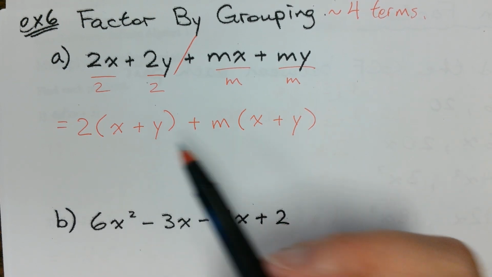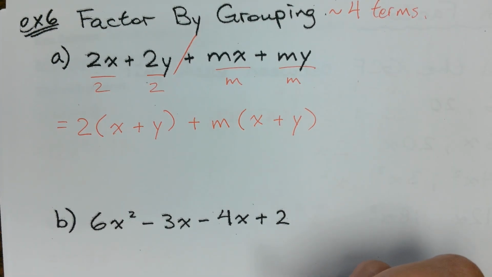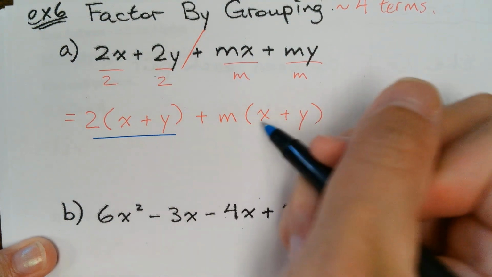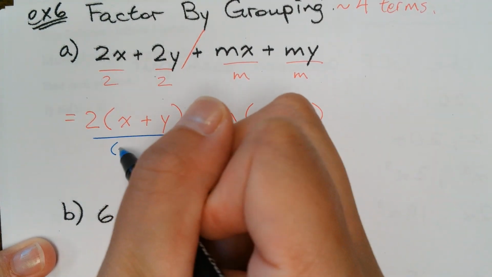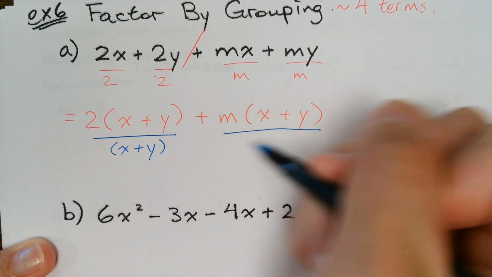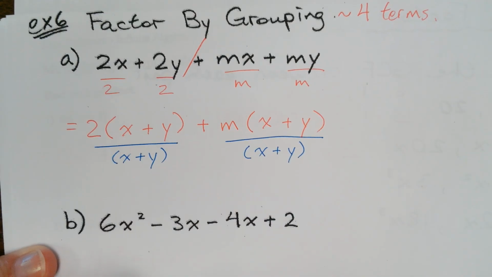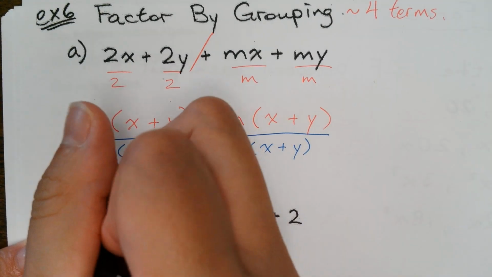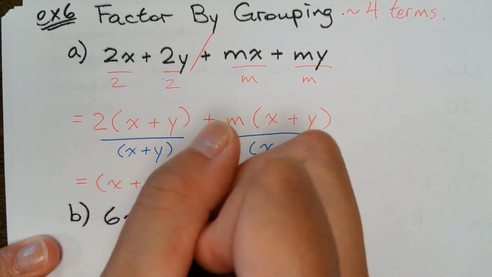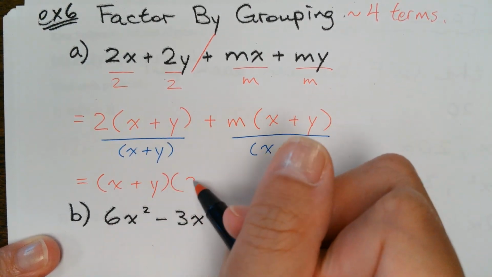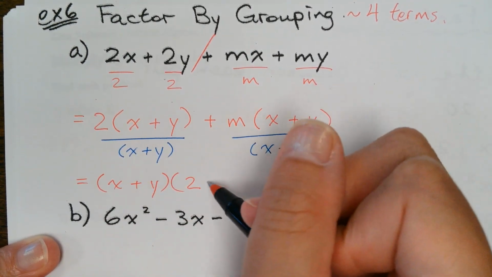X plus y bracket 2 plus m. Perfect. That's right. So now I have my 2 terms, and x plus y is the common factor between these 2 terms. So when I factor it, I get the x plus y, which is what I'm factoring out. And what's left? That cancels. So I'm just left with 2. That cancels. I'm just left with plus m.